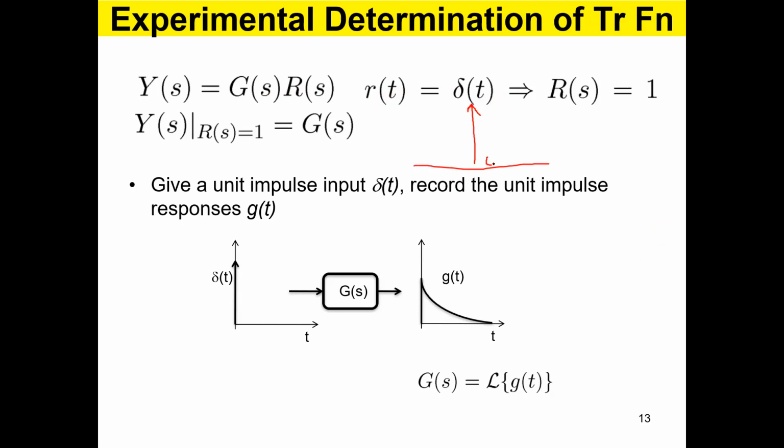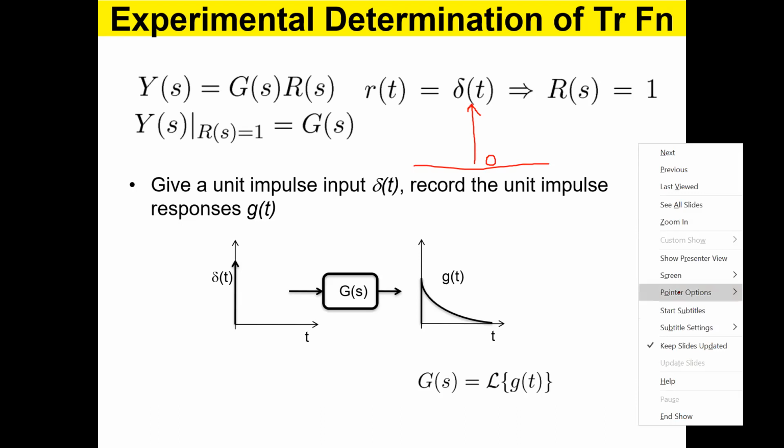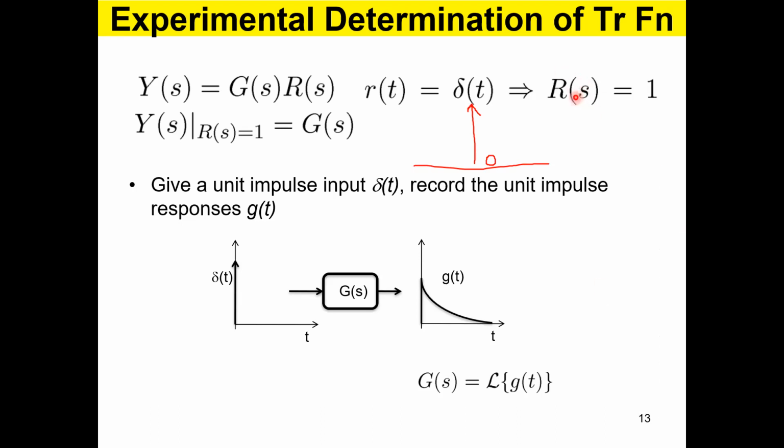This is time 0. At time 0, there is a pulse, r(t). For that one, R(s), the Laplace transform, is 1. So that is there in the table. Look at the Laplace table. Delta(t), time function, Laplace transform is 1.